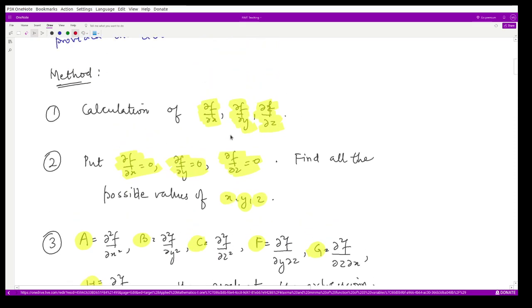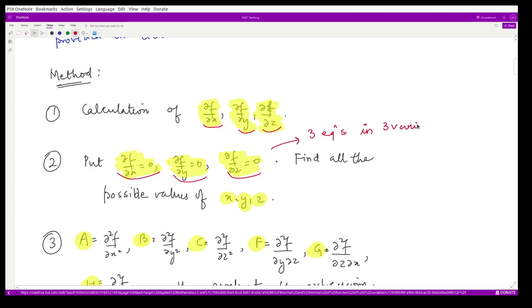The method says that firstly you will compute all three partial derivatives of f with respect to x, y and z, and then equate them to 0. By equating to 0, you have three equations in three variables.